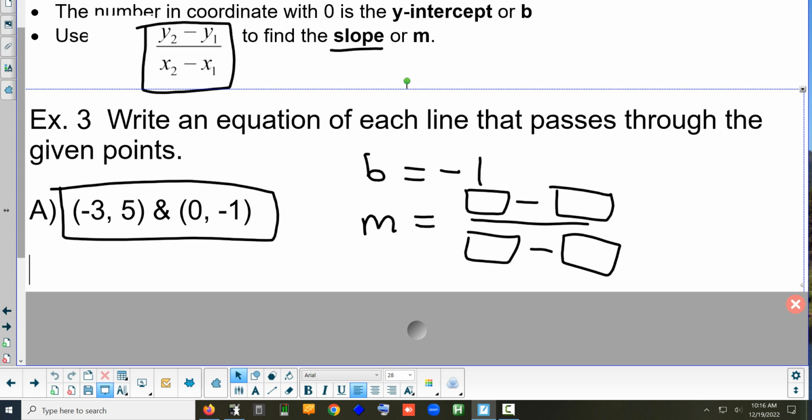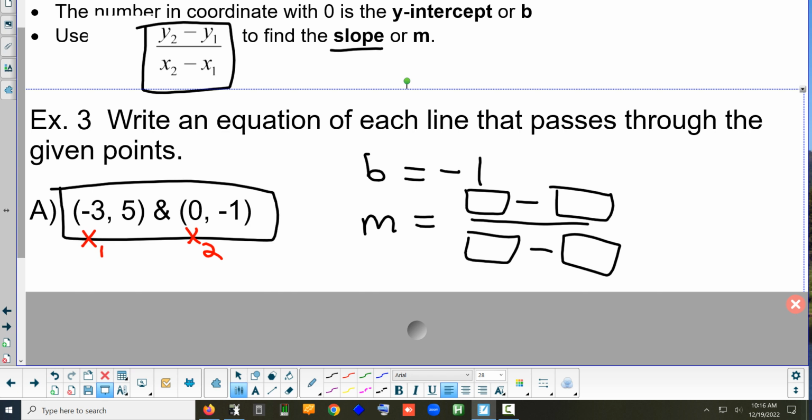Yep, that's an x. So we're going to call this one my first x value. This 0 is going to be my second x value. What about the 5? What do you think that's going to be?